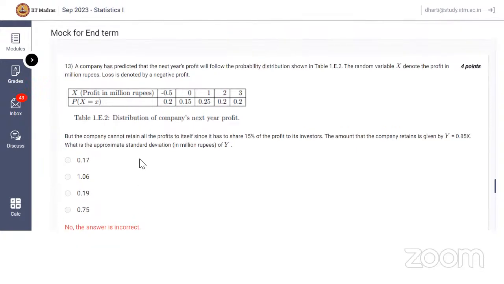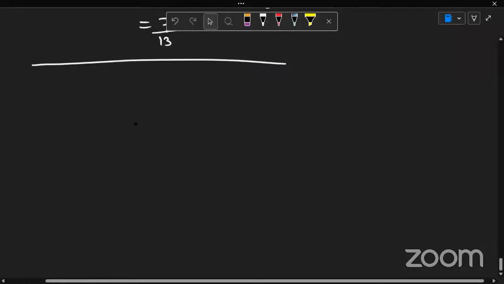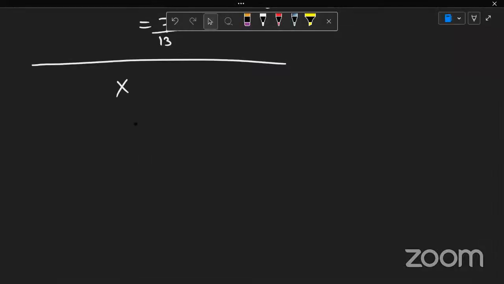Are you getting the question? So here x is a random variable. What is it denoting? It's denoting profit of the company. But they have given that whatever the profit is, the company cannot take all the profit.